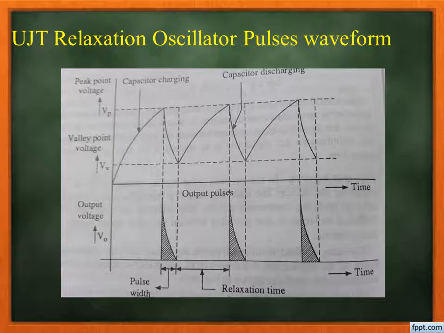Between two pulses a long relaxation time is observed. So this is called the UJT relaxation oscillator. The pulse width should be equal to or more than the turn on time of SCR in order that the SCR will turn on.